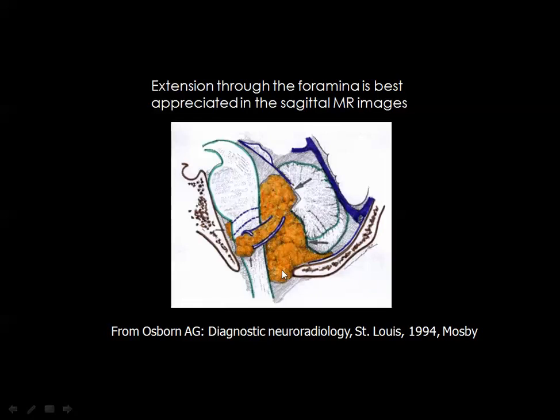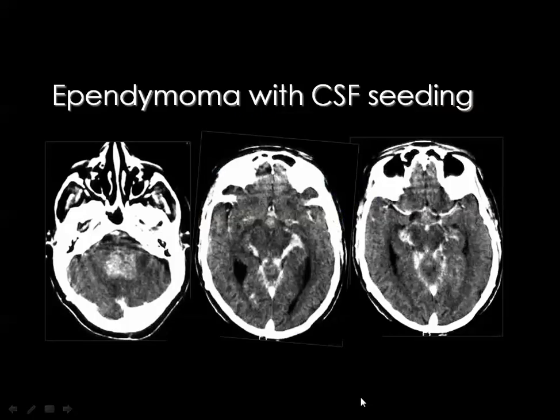And this is a case of ependymoma centered on the fourth ventricle, and the supratentorial scans showed enhancement of the quadrigeminal cistern, enhancement in the superior cerebellar cistern, and these nodular enhancements represent CSF metastatic spread of this tumor.